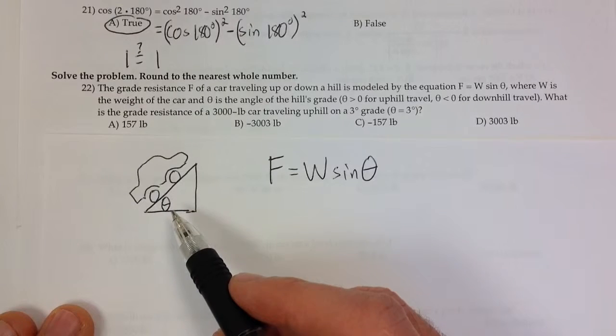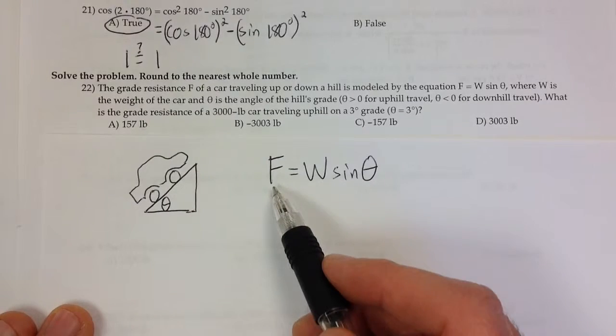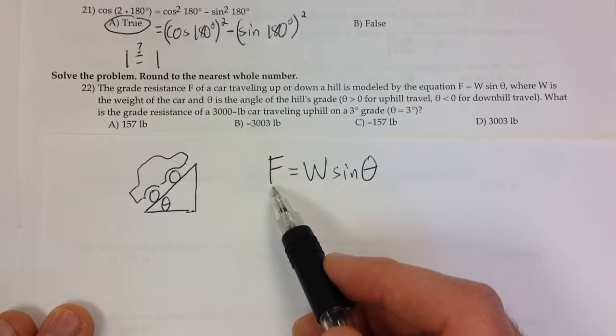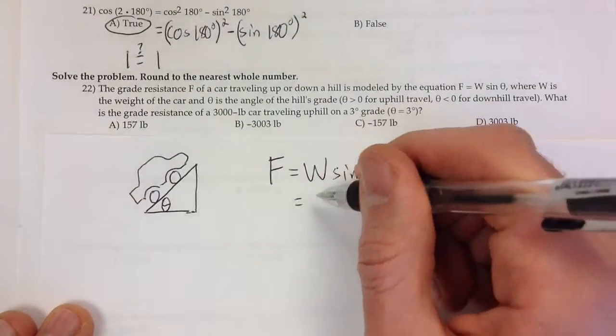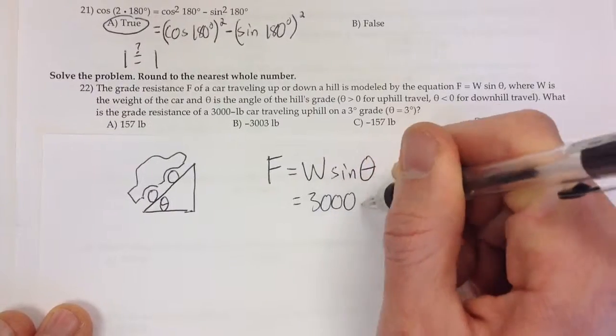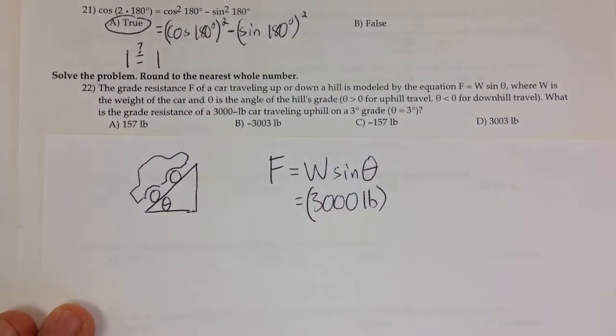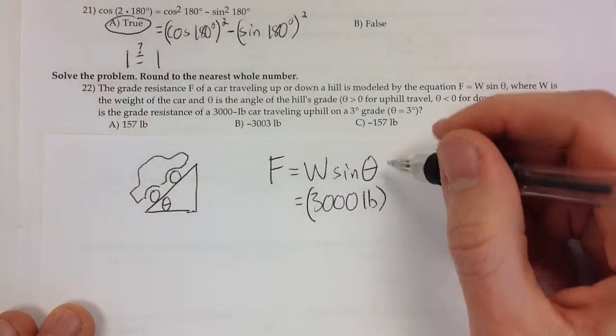So we want to know for the first one, what's the grade resistance going to be if the car is 3,000 pounds and the grade is 3 degrees.